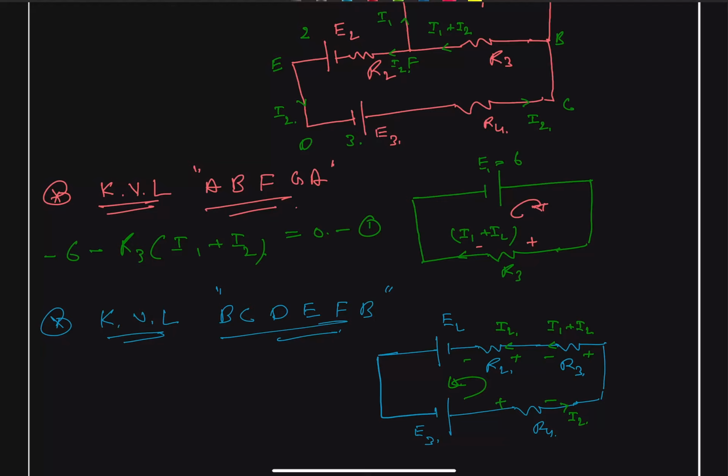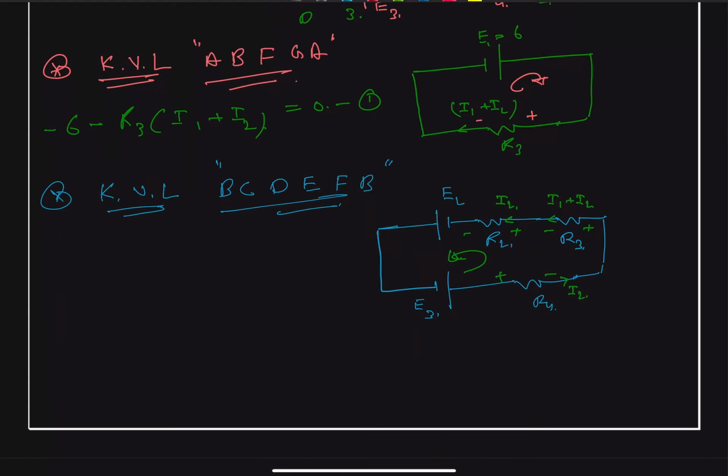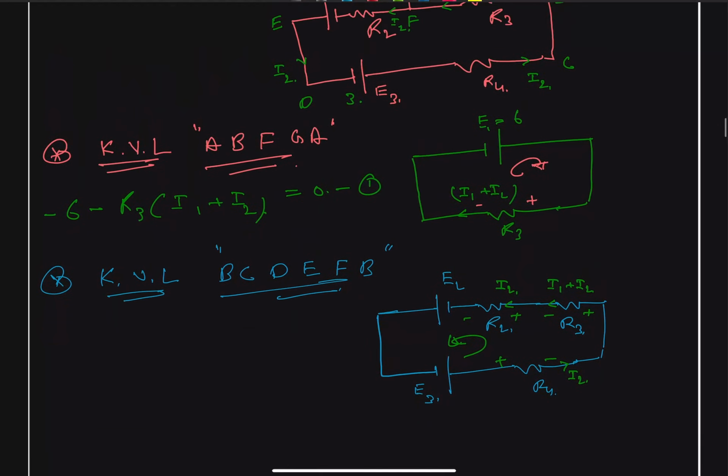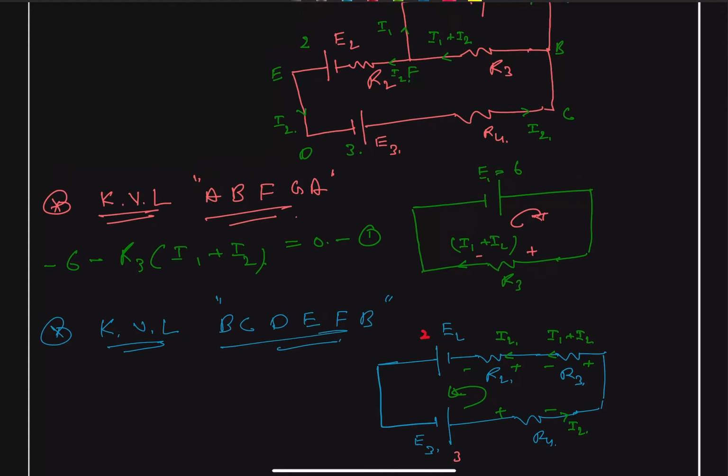Okay, and we can write the equation. Plus E3 was our 3, and E2 was our 2.